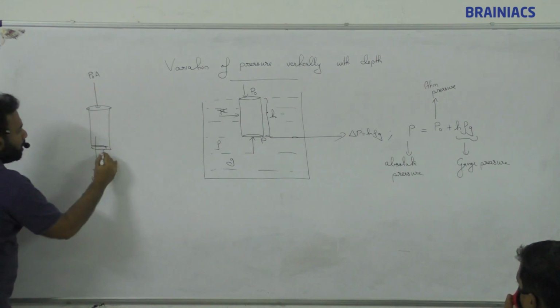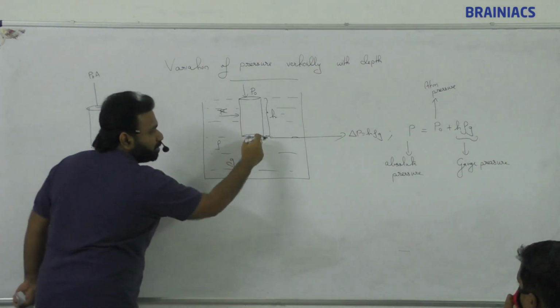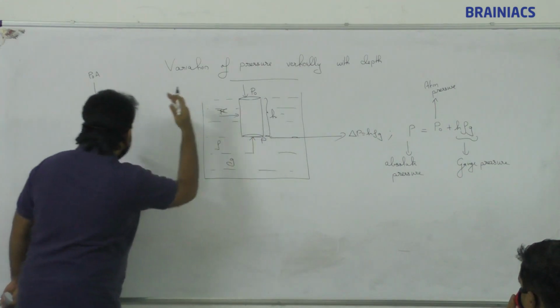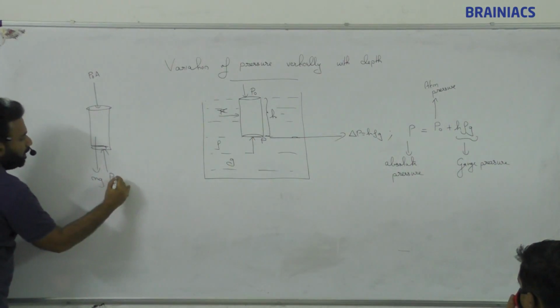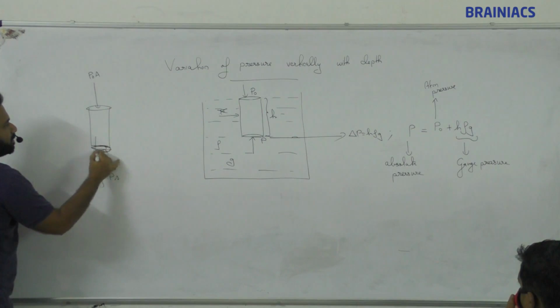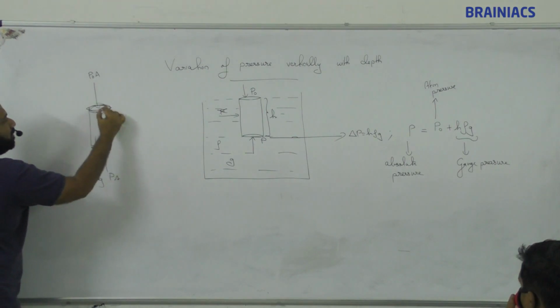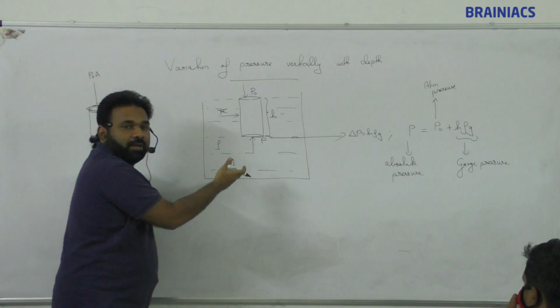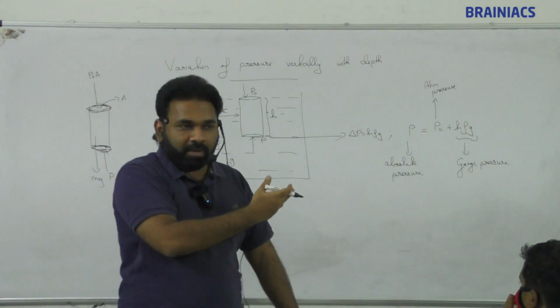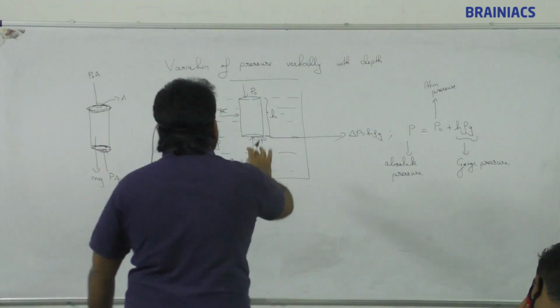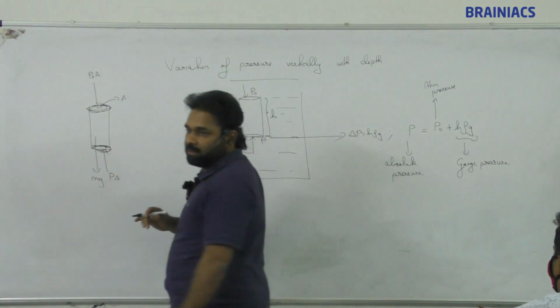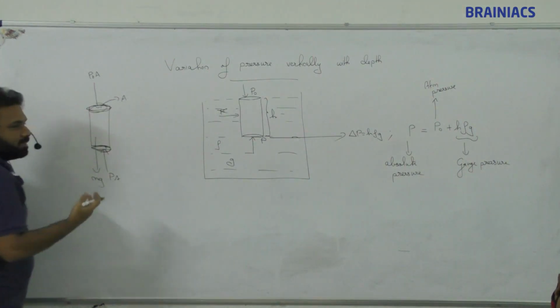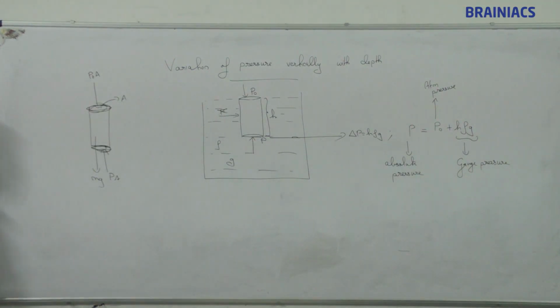Now this pressure will be acting upwards, P into A. The area of cross section we consider as A. This liquid column is static fluid, so it is in equilibrium. Net force will be 0, upward and downward forces balance.